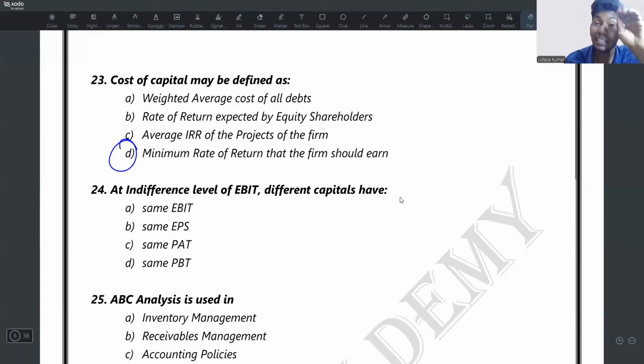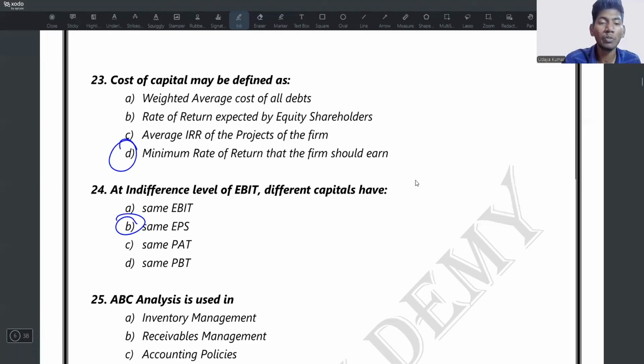At this level of EBIT, different financing structures yield the same EPS. That's the reason it is said to be indifference point, right? We have discussed.